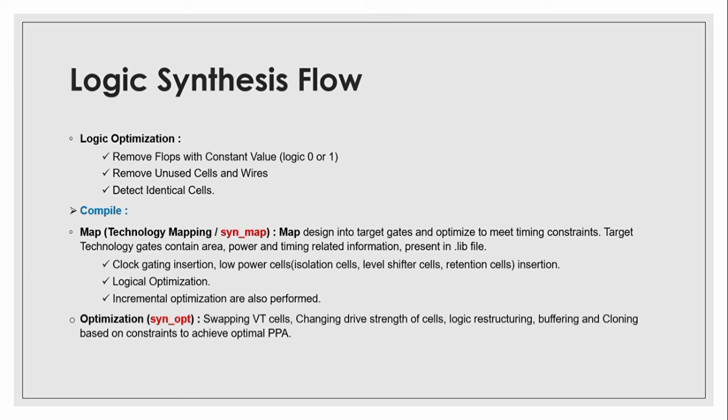This optimization may require swapping VT cells, that is, cells with certain threshold voltages. We may need to change the drive strength of cells, and we may need to restructure the logic. With the same functionality we can level down the logic with fewer levels, like instead of 3 gates we can have the same functionality with 2 gates.